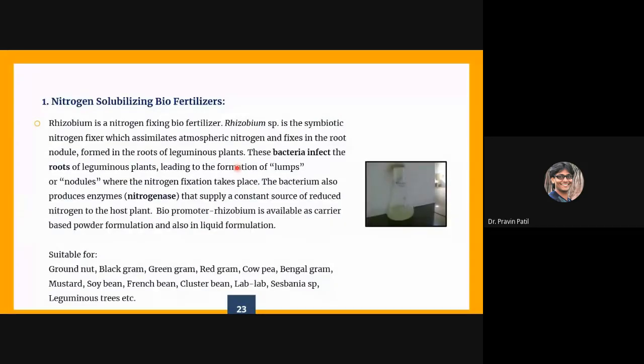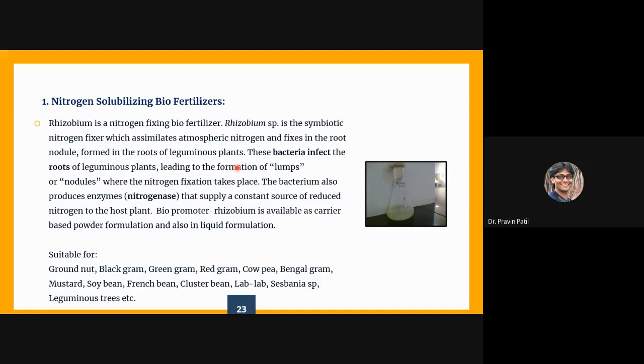So nitrogen fixing biofertilizers work in two different ways. First, they infect the plant root and form a nodule, or a lump, which promotes nitrogen fixation at that particular site.